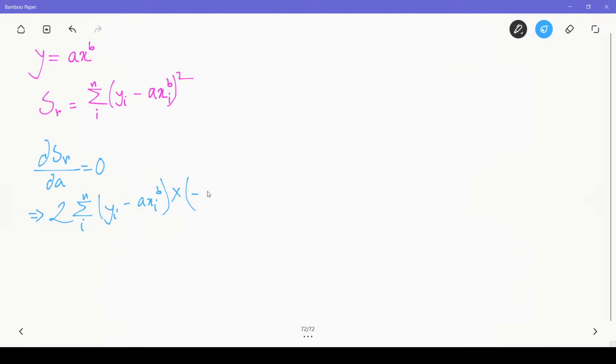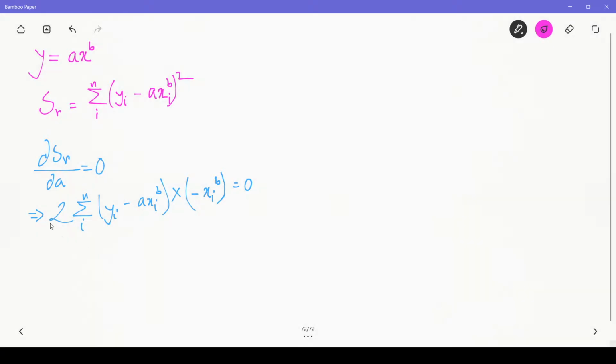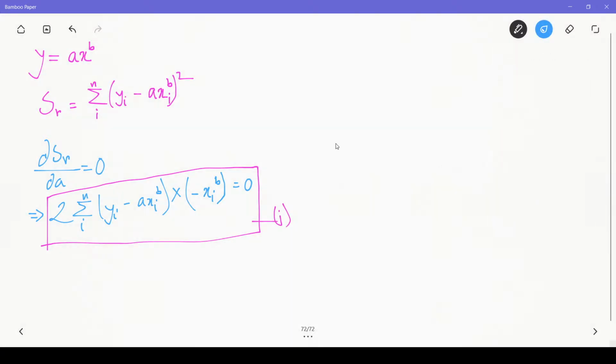So we have minus x sub i to the power b, equals 0. Without simplifying it further, we can see that the equation we have ended up with is a non-linear equation, right?